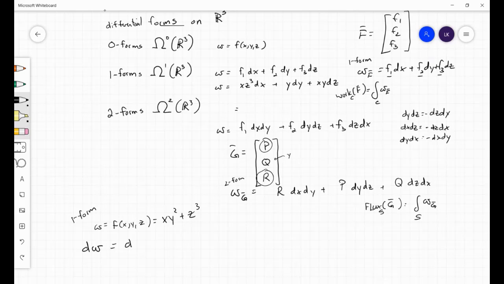It's the total differential of f, right? So it's the derivative of f with respect to x, dx, the derivative with respect to y, dy, and then the derivative with respect to z, dz.